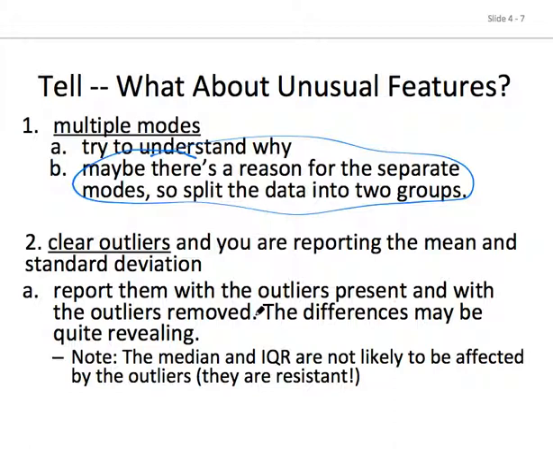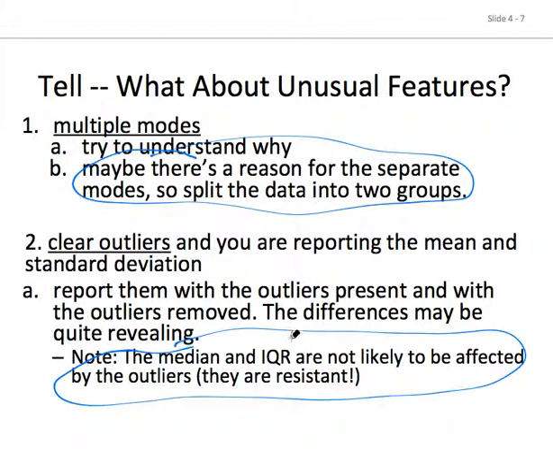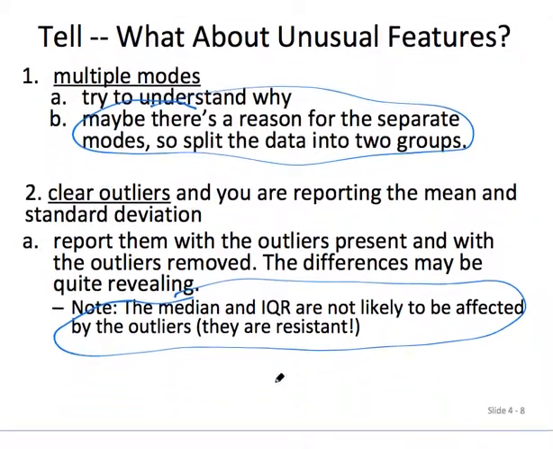If we removed it, it would be that much more obvious that there was something going on that caused that to be so far out there. Okay. So again, in your notes, the median and the interquartile range are not affected by outliers. They are resistant, okay, because it's not going to matter where they are.